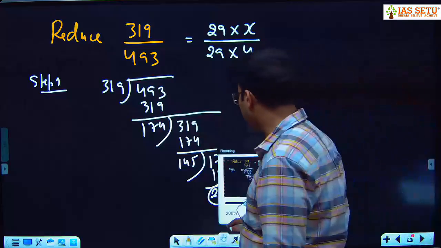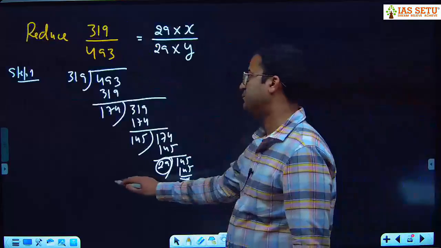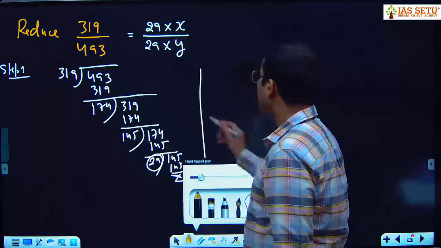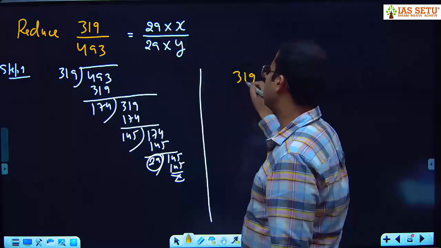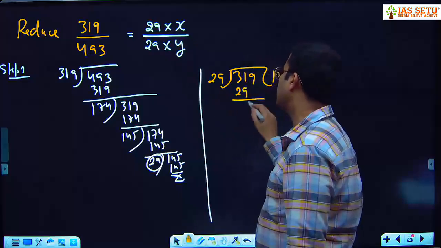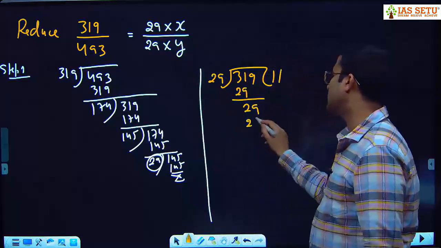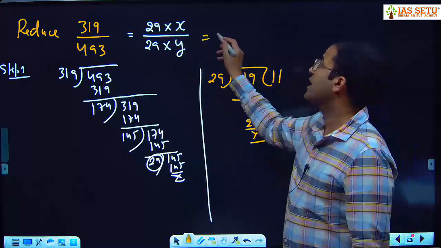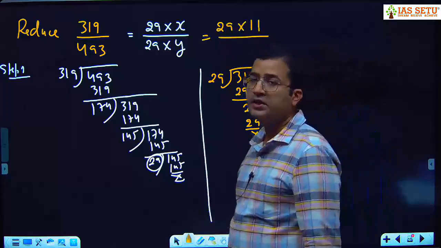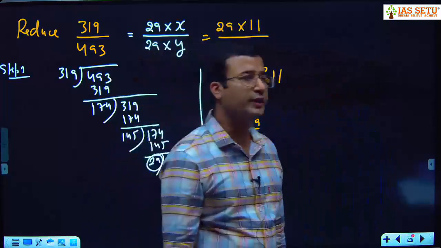How to solve for x and y? Use the school method. Then step number 3 here is, 319 divided by 29. 29 ones are 29, 29 ones are 29. So it is actually 29 into 11. 319 is 29 into 11.